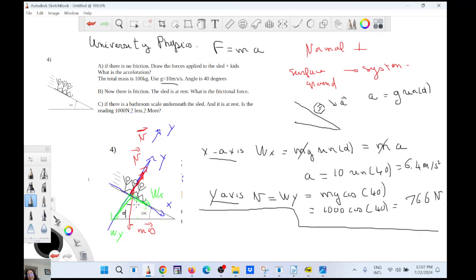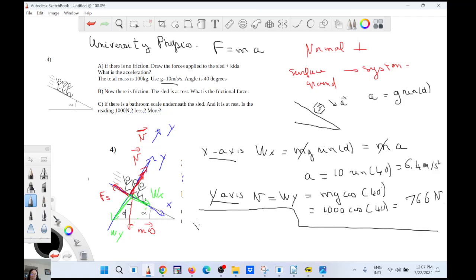So if it does not slide, that means on the x-axis, you're going to have a force here, which is the frictional force, and that will be equal to the x component of the weight. So if it's not moving, it has to be static friction.